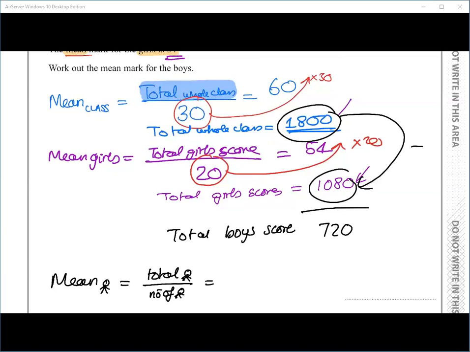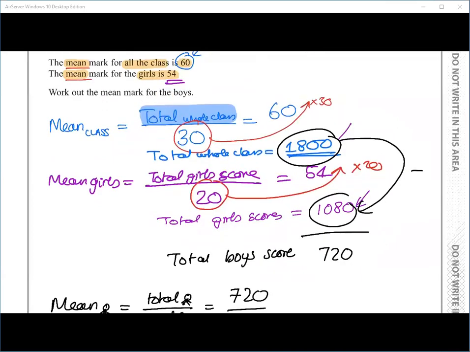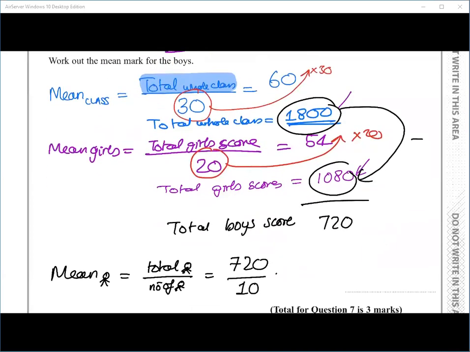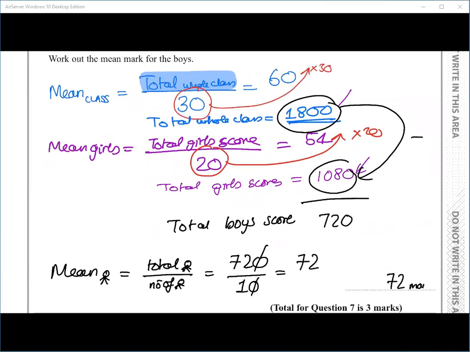It'd be 720 divided by 10, which is 72. And where do you get the 10 from in the question? 10 boys, yeah. That's right. So boom, cancel off the zeros. The final answer here is 72. You can write 72 marks. Work out the mean mark for the boys. If you don't write the word marks on there, you won't lose marks, but it's a more complete answer.